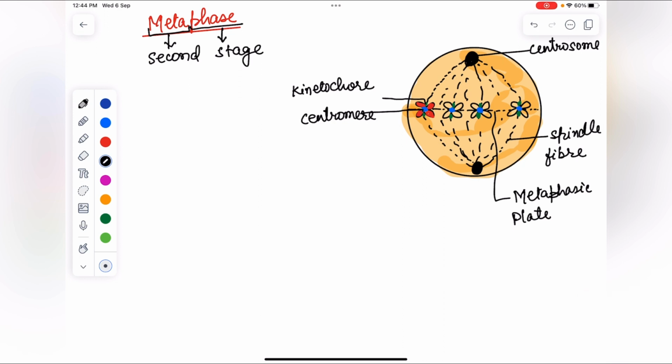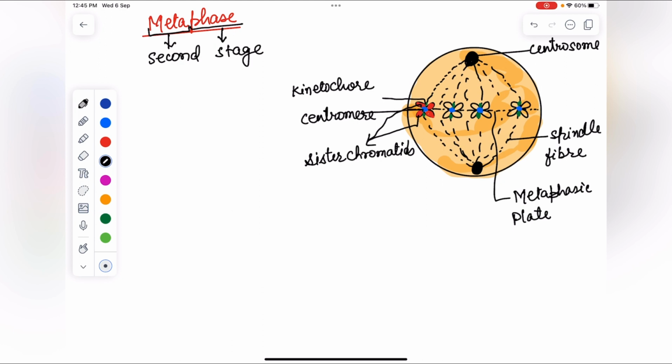So what we can see in the metaphase is the alignment of chromosomes in the metaphasic plate, and the spindle fiber gets attached with the chromosome. The nuclear envelope disintegrates and the chromosomes spread into the cytoplasm and are arranged in the metaphasic plate. Chromosomes contain two chromatids attached with the centromere.